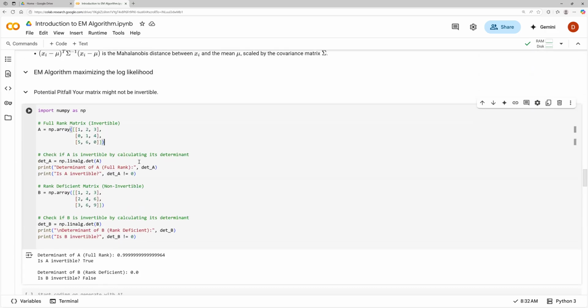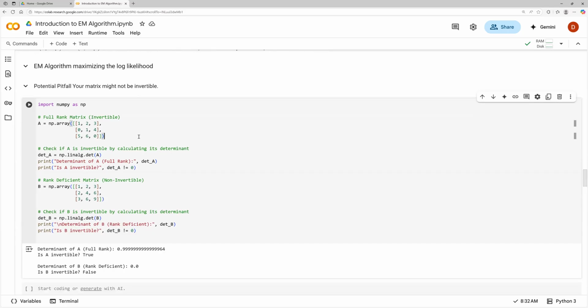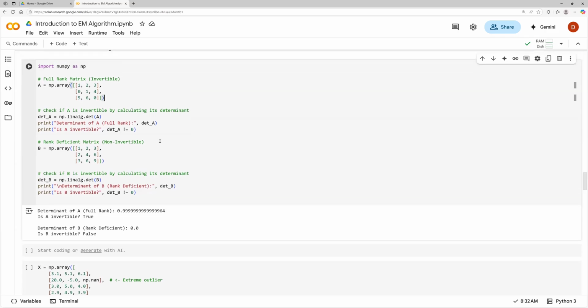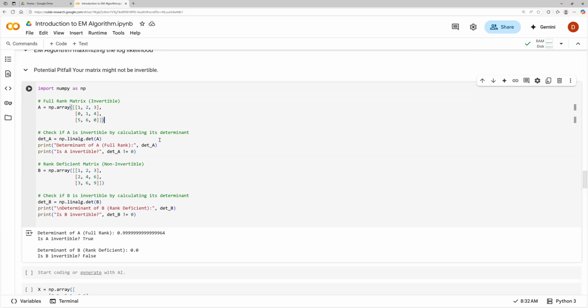The reason why I bring this up is because when you run an EM algorithm on data that has a lot of missing data or a lot of columns, these issues can occur. So if there's an error that pops out where your algorithm can't run, you're going to be able to debug it by seeing that there is a dependence type of structure.